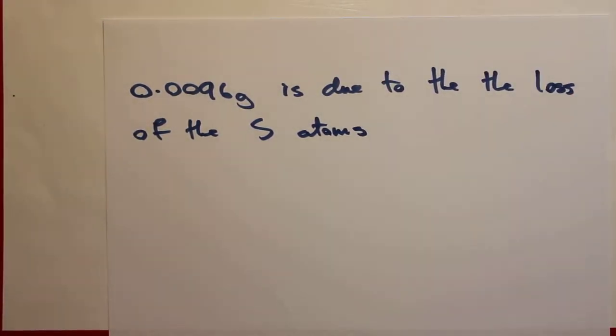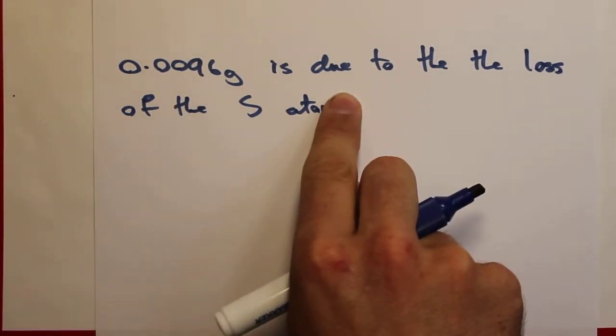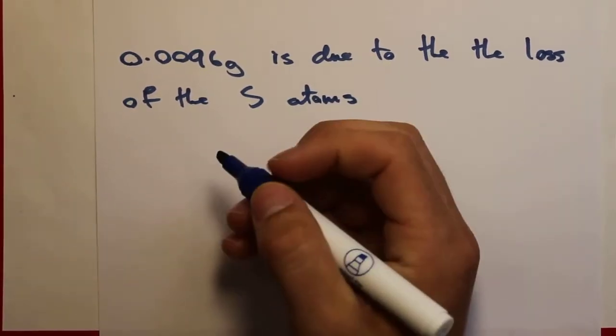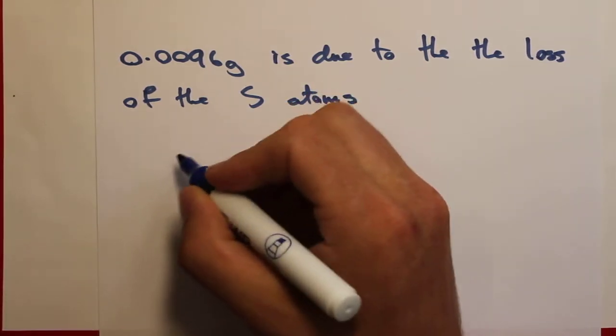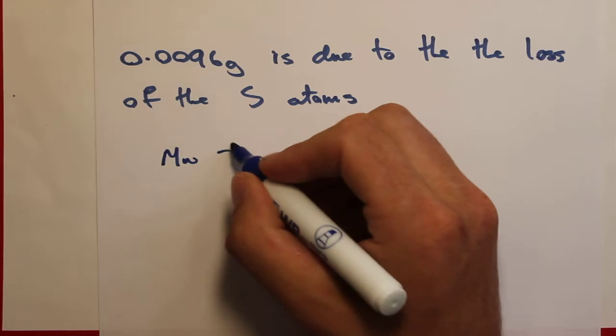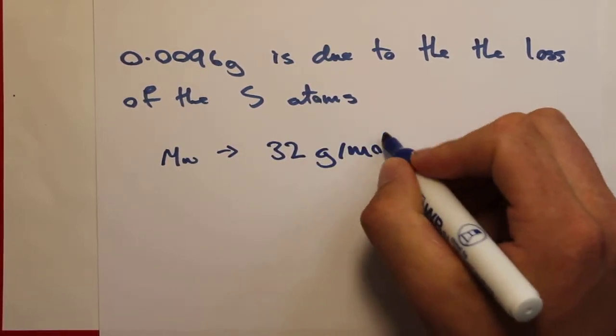Now we need to simply now convert from grams of sulfur to moles of sulfur. Okay, so we need to go to our periodic table, and on that we'll find our relative atomic mass of sulfur, and we'll see that that is 32 grams per mole.